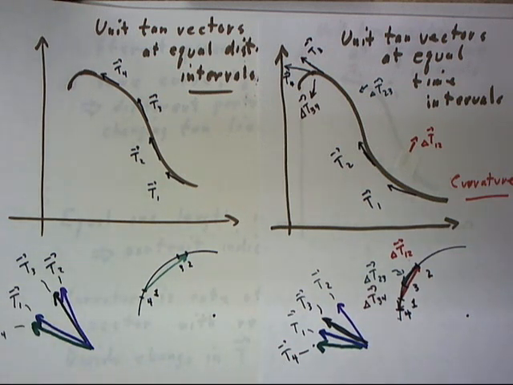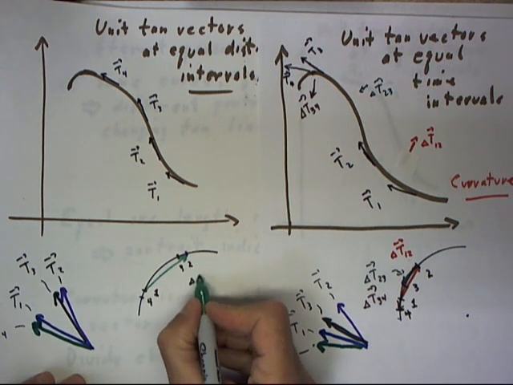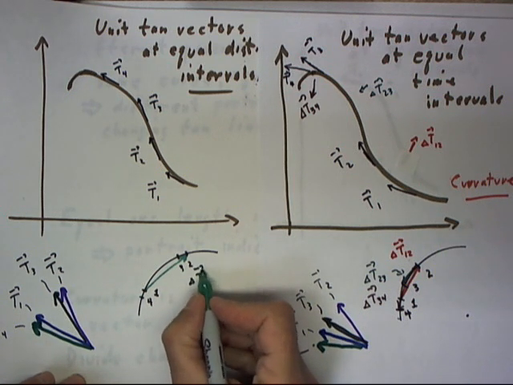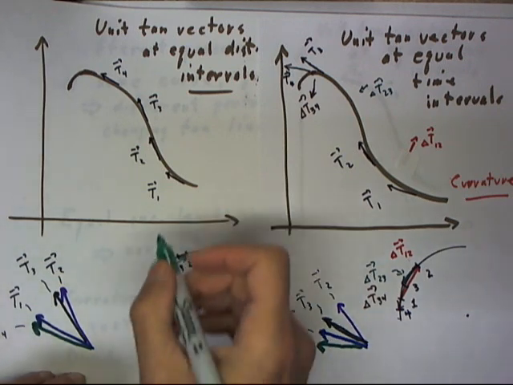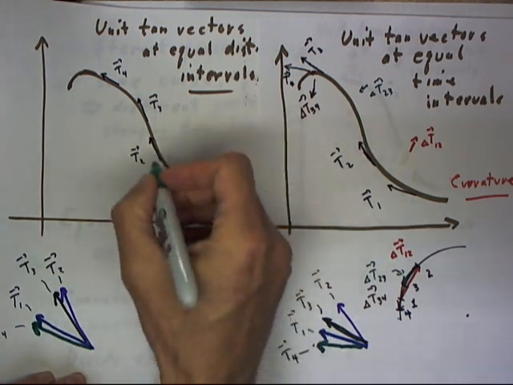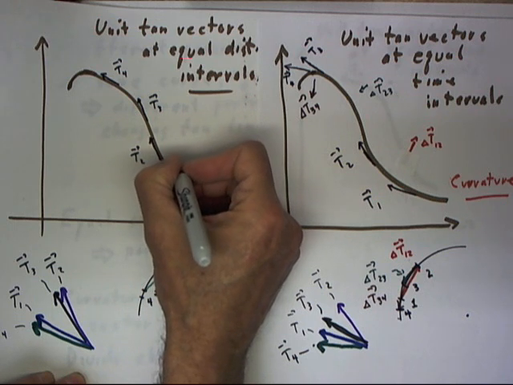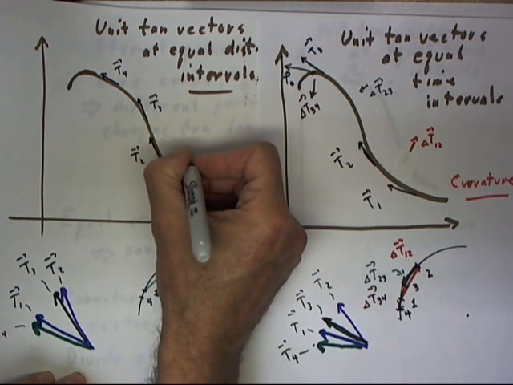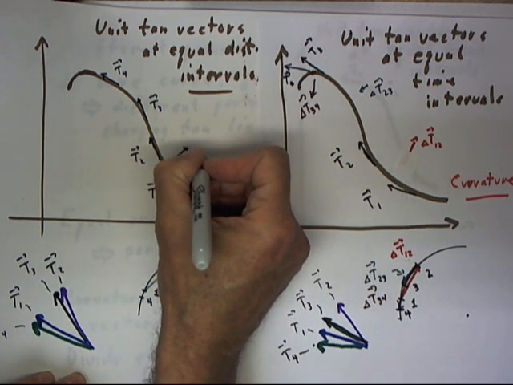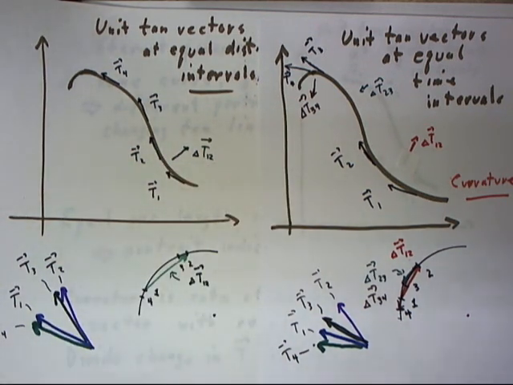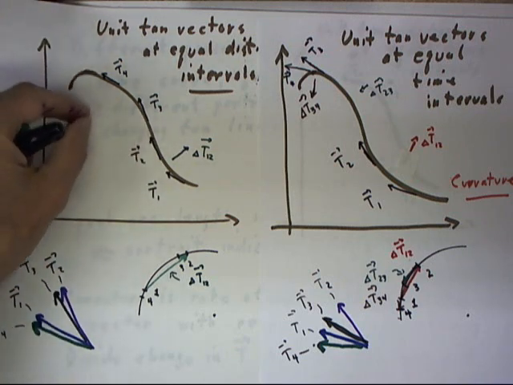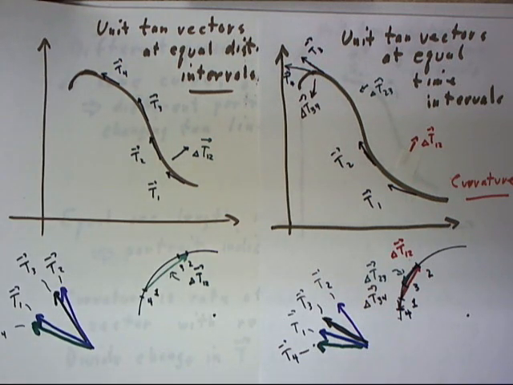Our change in T between point 1 and point 2, well, right here, here's our delta T 1, 2. So right here, I will depict a vector and try to do this kind of carefully and keep things proportional. Here's our delta T 1, 2 on the scale of the unit tangent vectors as they're depicted here.